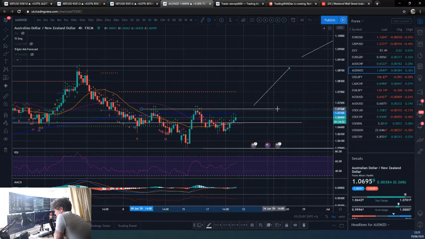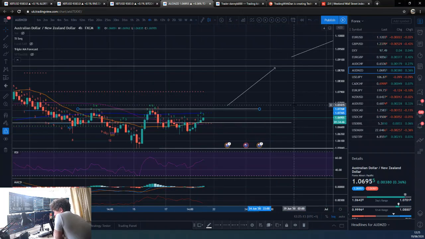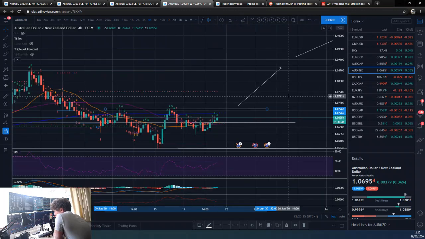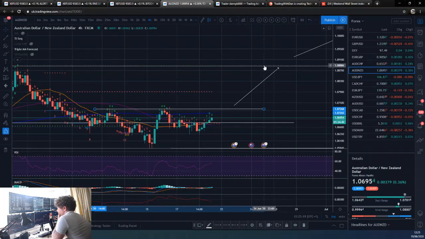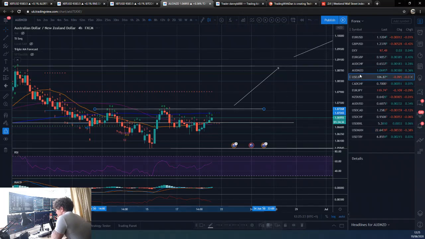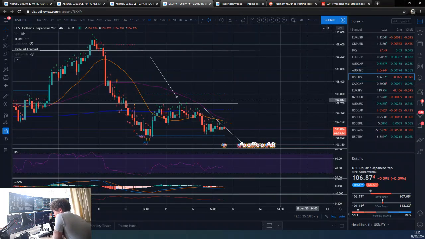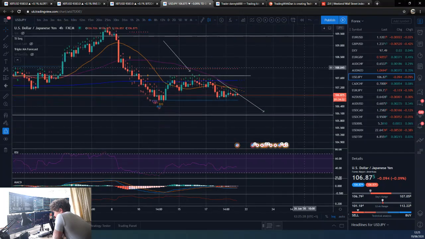Come on, TradingView. Right, sorted. Lock that. So yeah, that's what I'm kind of looking at in the Australian dollar. Break above here, expect to move up to here, and that's just where your first target is. But if you break that, then it's a big winner.